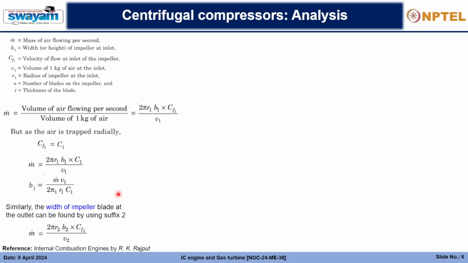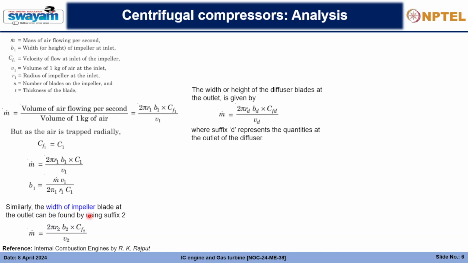Similarly, the width of the impeller at the outlet can be found by just replacing everything with the suffix 2, and mass will be 2π R2 B2 into CF2 divided by V2, and we will find B2. Why CF2? Because that is the flow velocity, and along the direction of flow we can use the continuity equation. But here we cannot replace CF2 by C1, so we have to use CF2.